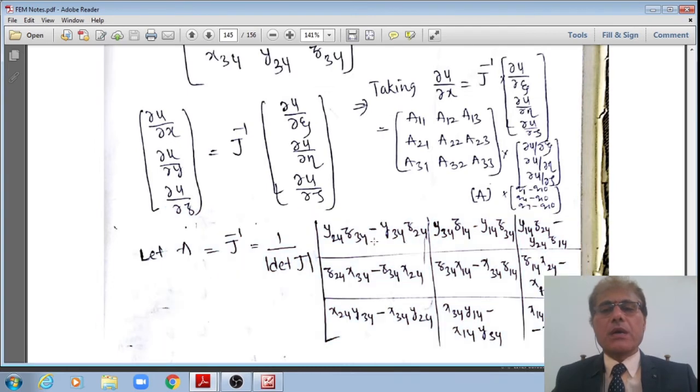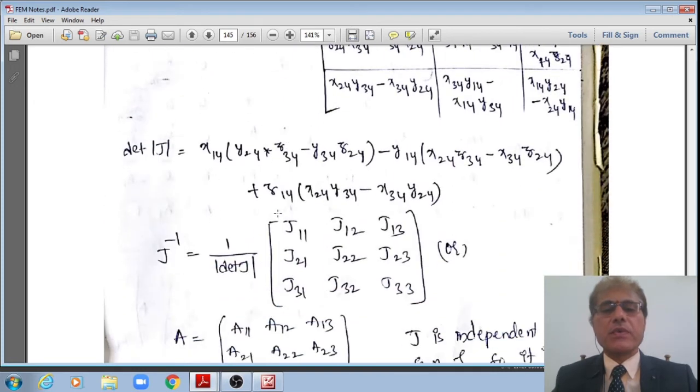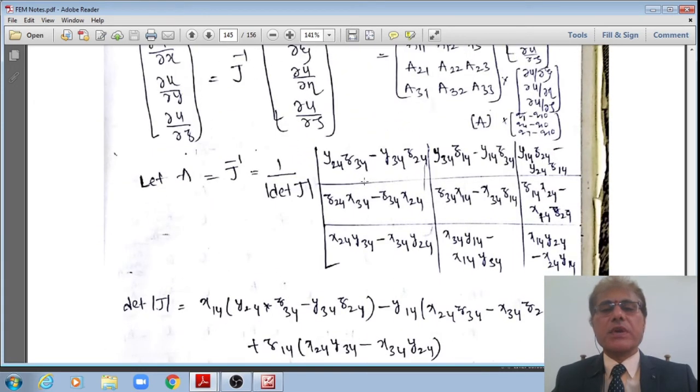Now I'll replace this y24 z34 minus y34 z24 divided by det J as a11. This is J11, first row, first column, then first row, second column, first row, third column, and so on.